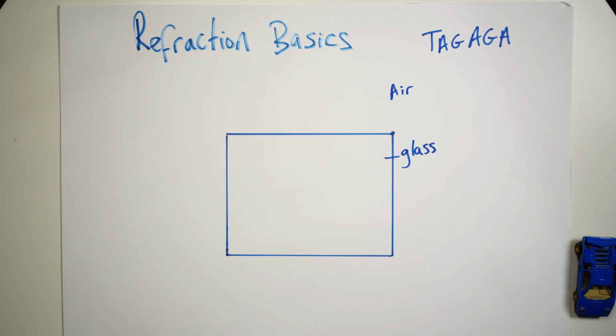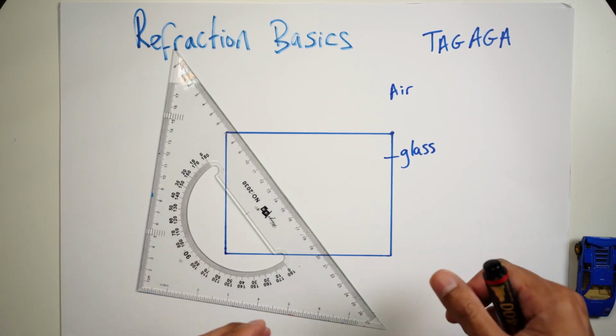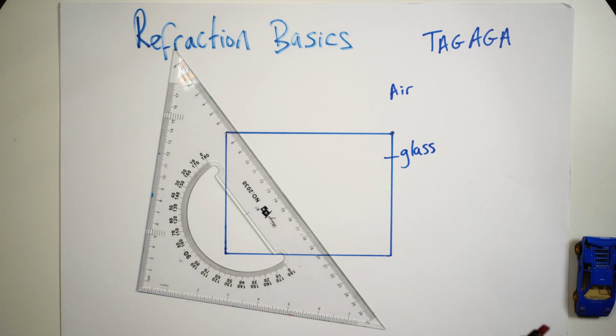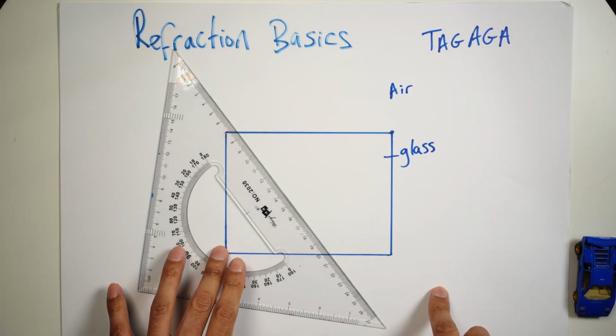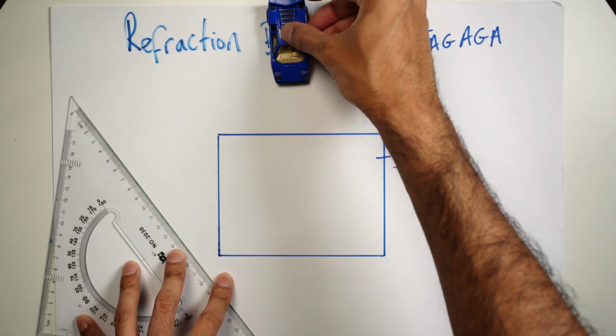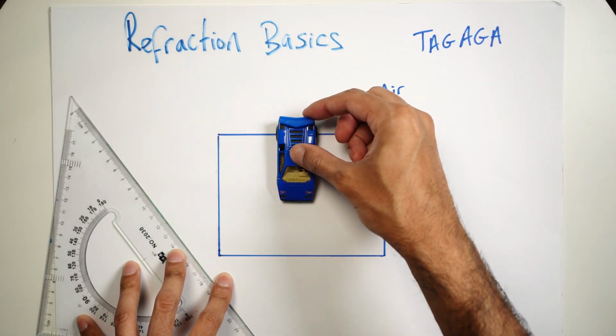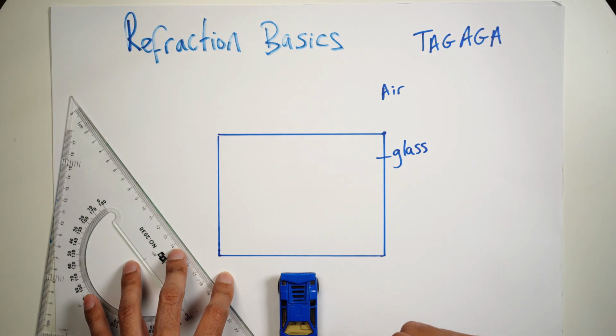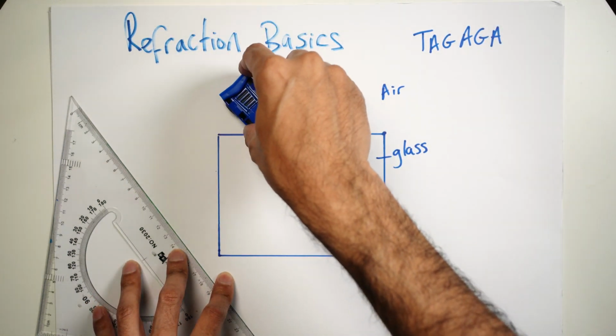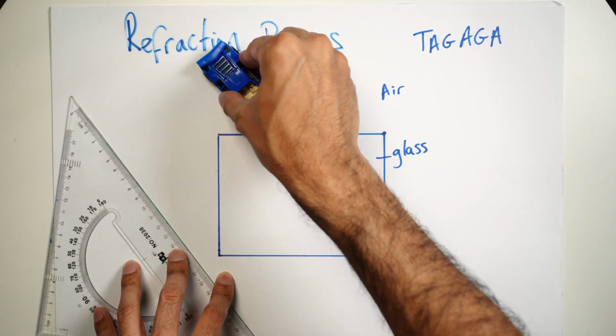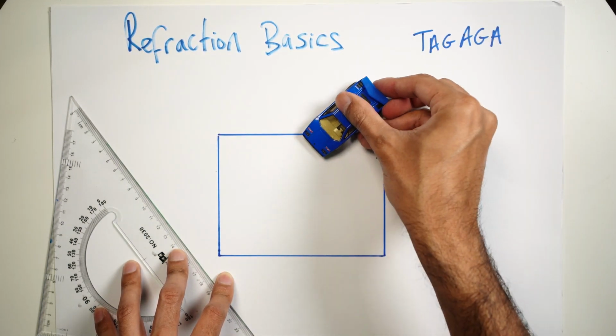Okay, let's draw our light ray. Before I do the angled one, if the light ray comes in straight like this, there is no refraction. It just goes straight all the way through. Refraction only happens, as in the light only changes direction, when it comes in at an angle.